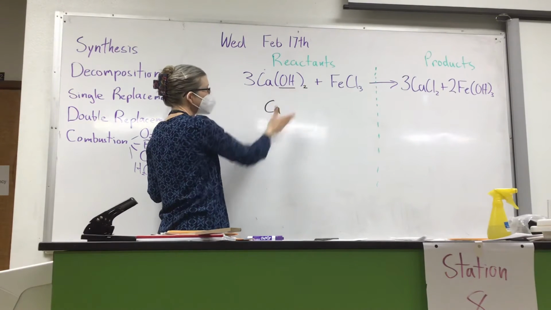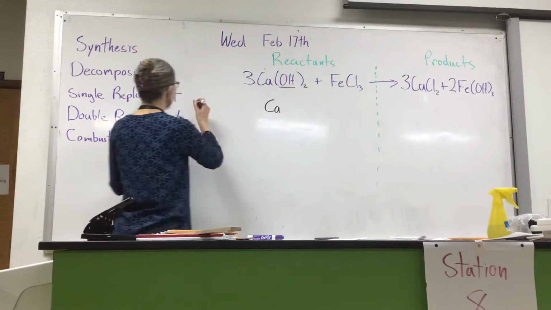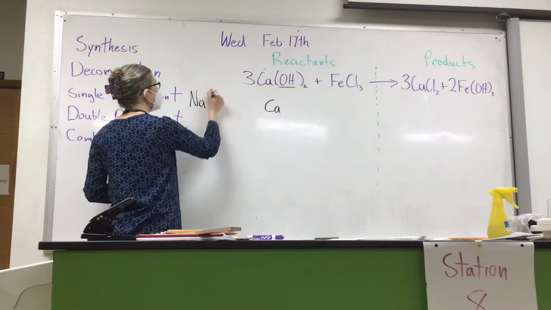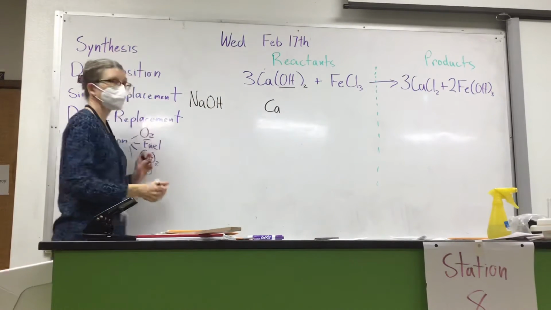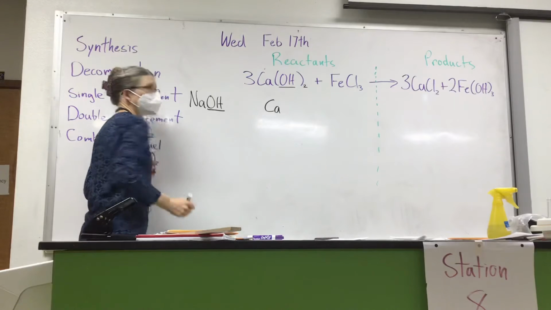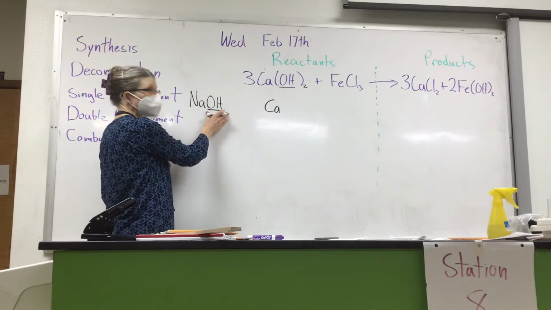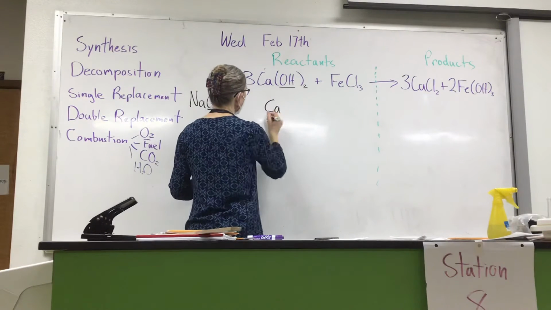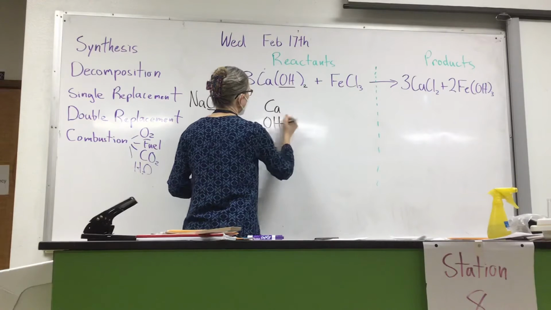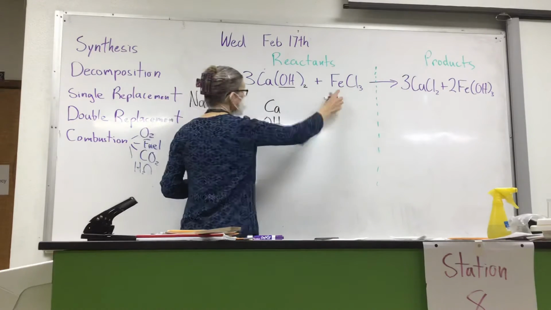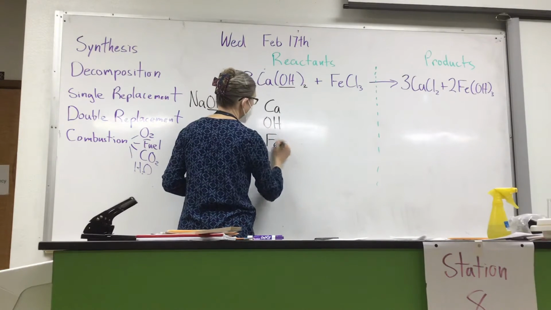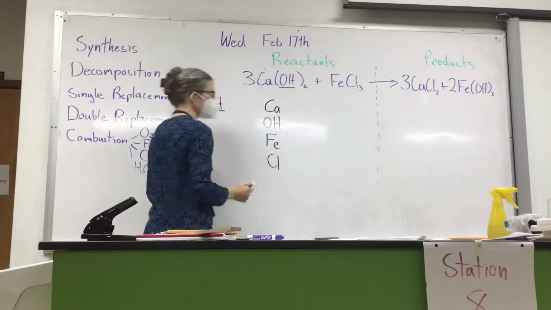Okay, so when it's in brackets, it's easy to recognize, but sometimes they're not. Say in the compound NaOH, it would just be written like that, and I will underline it so you'll know that it's a polyatomic ion, and when I count it for balancing purposes, I'm going to keep it together, okay? So I've got OH as my next thing. I'm going to write iron and chlorine. That's all going to be in one list.